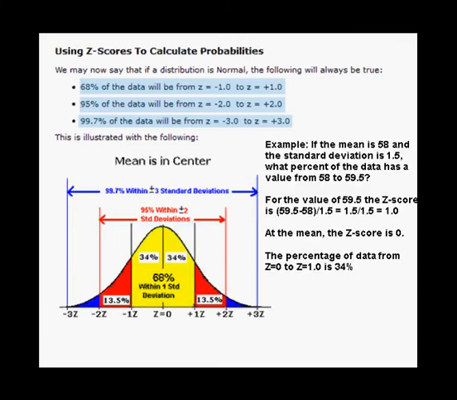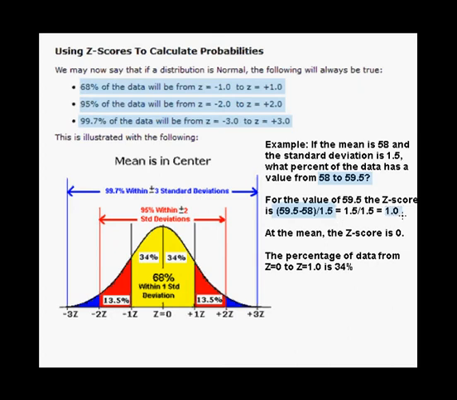Now here's a simple example. Going back to our example with a mean of 58 and a standard deviation of 1.5, what percent of the data has a value from 58 to 59.5? Well, to do this, we have to calculate two z-scores, a right z-score and a left z-score. For the data value 59.5, we take 59.5 minus 58, which is 1.5, divide by 1.5, and we get a z-score of 1.0.